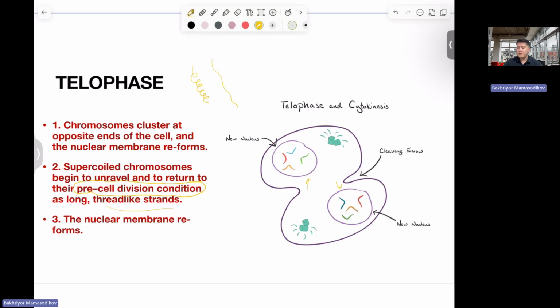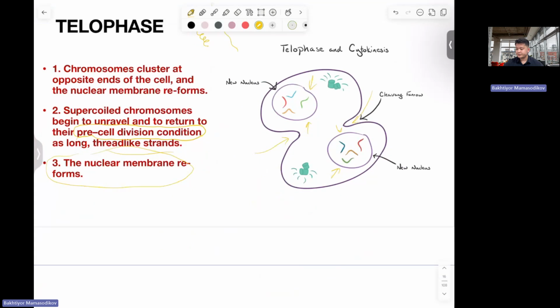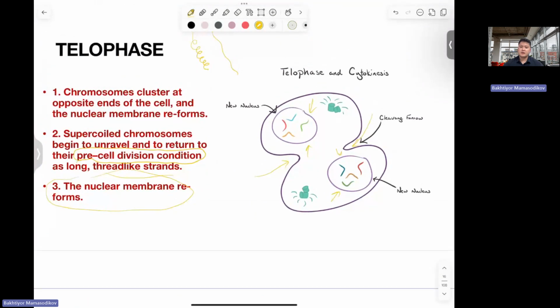And the nuclear membrane is reforming here, okay? You see the nuclear membranes here. And one important thing, the cytokinesis is happening here, starting here. Cytokinesis is starting at the end of the telophase, okay? So this is about the telophase.